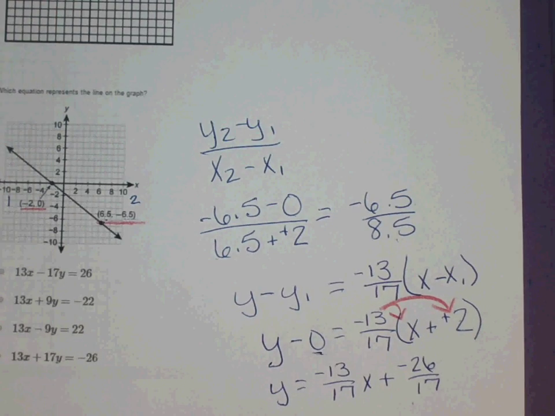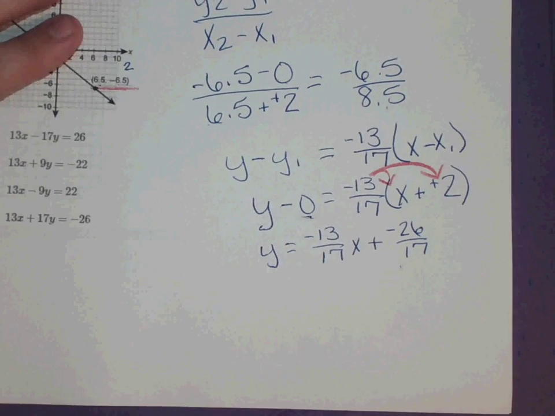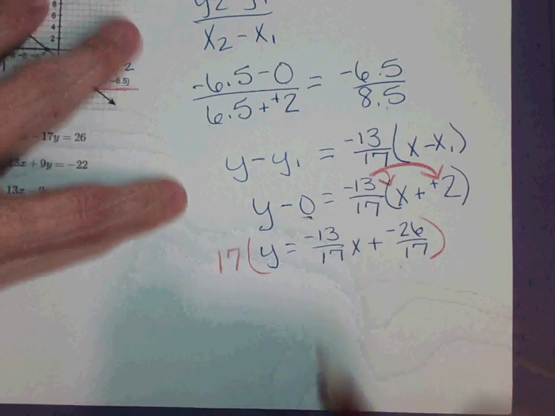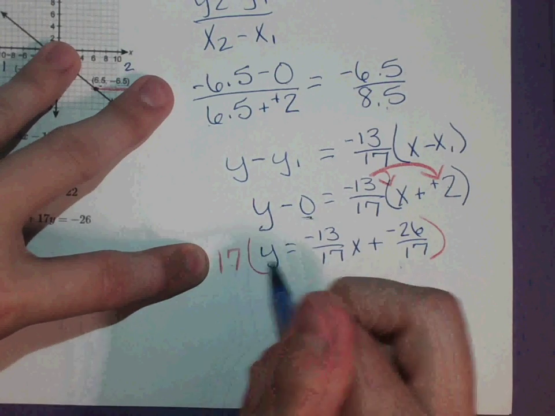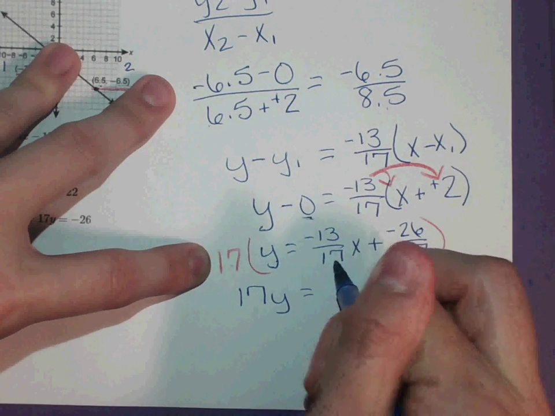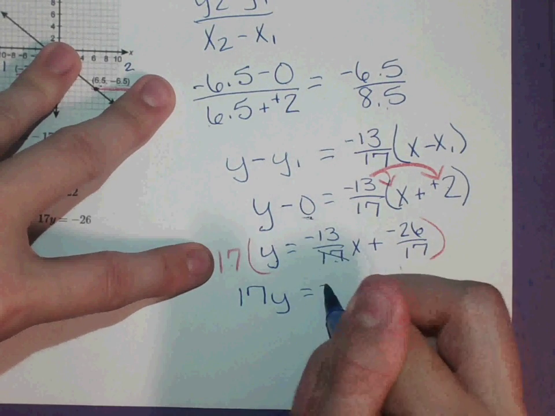To get rid of the 17 on the bottom, I'm going to multiply a 17 across everything. Okay, so I'm going to distribute that 17. So 17 will multiply by y. 17 times 17 here will go away.